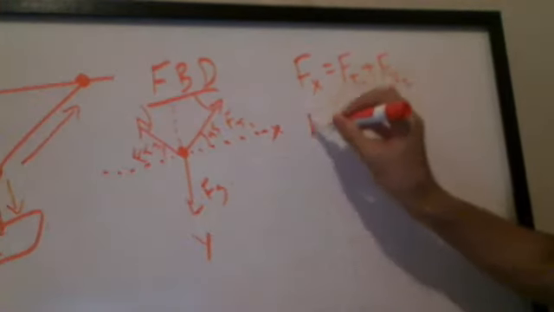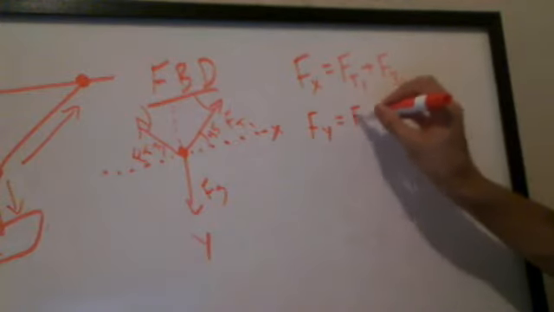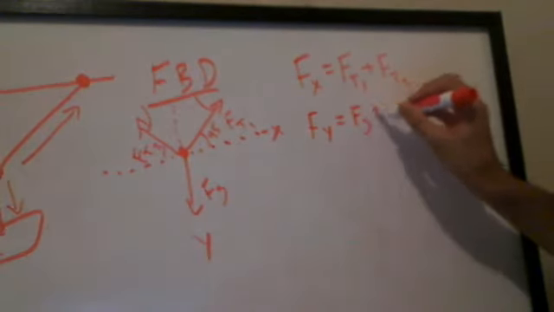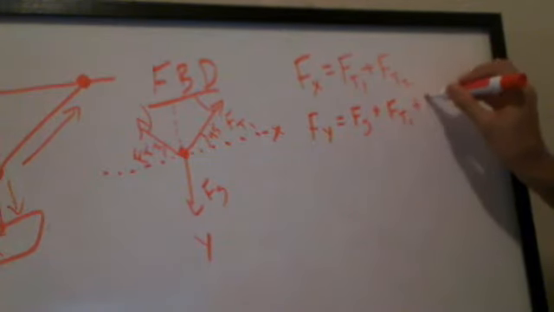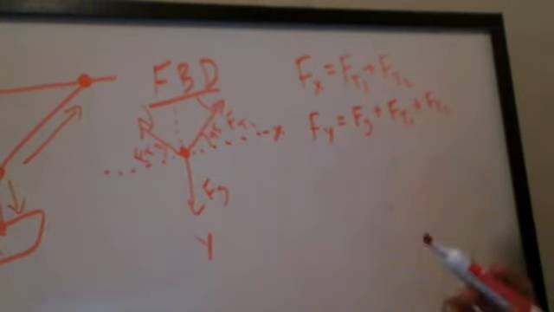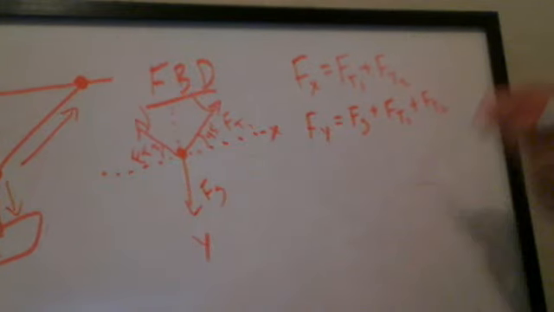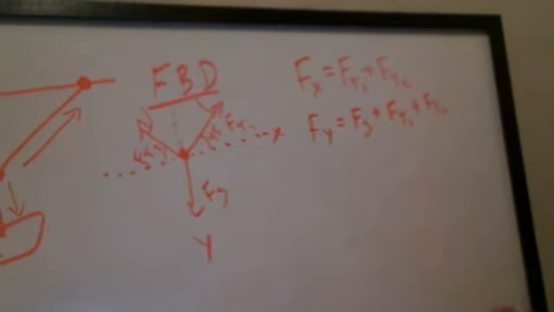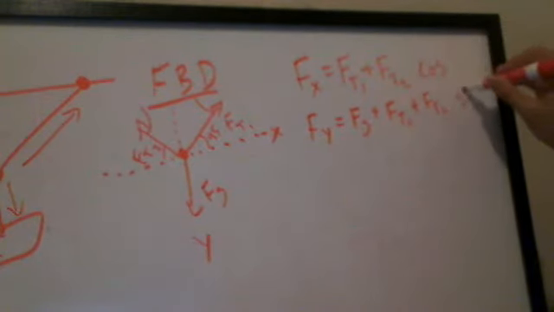And we know in the y direction, it's force of gravity plus force of tension 1 plus force of tension 2. Now, the only thing that I did not mention in this is cosine and sine. Now, in all the x's, there is a cosine, and on all the y's, there's a sine. I'll write it right here. Cosine, sine.